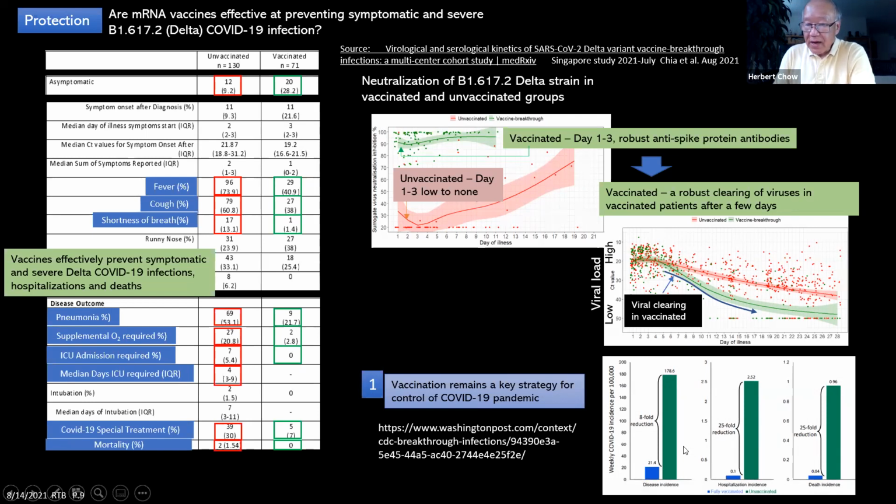Now, this applied more or less to alpha, beta, and gamma, but when it comes to Delta, it's a little bit worse. How much worse? We don't have those numbers, but looking at the data, it will not be outrageously low, but it will not be as good as these.